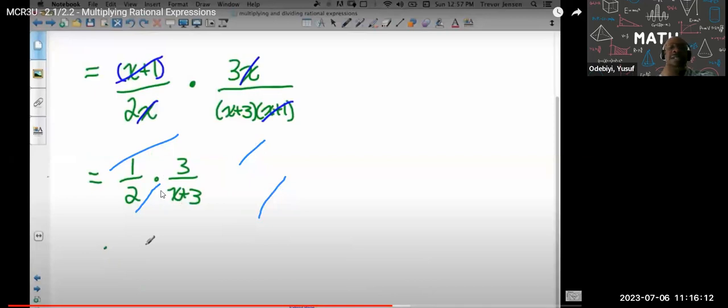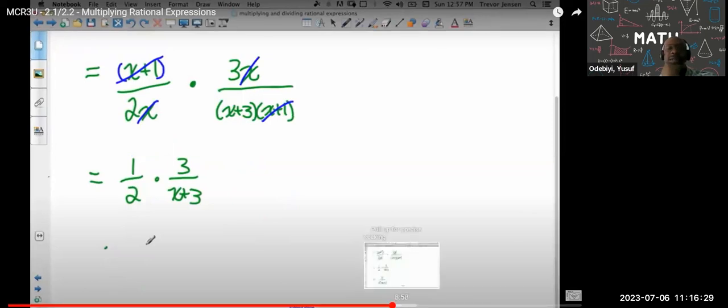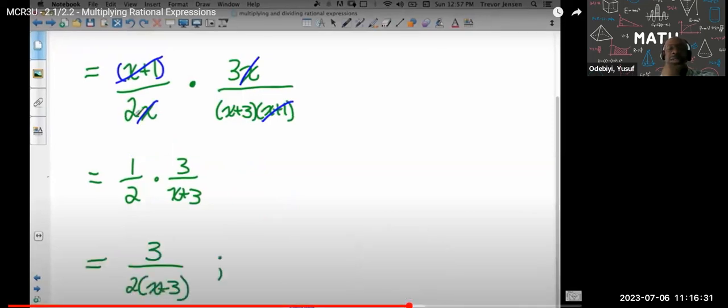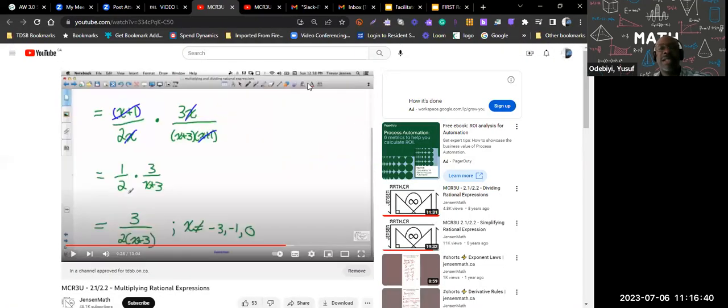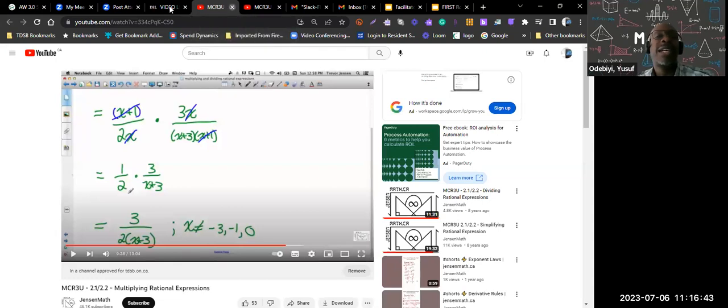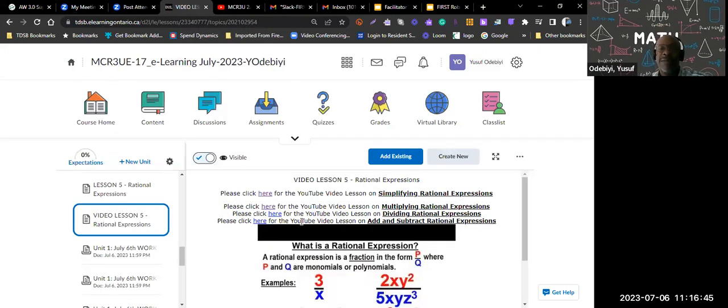That's all that is left. And my restrictions are going to be x cannot equal 0, cannot equal -3, and cannot equal -1. Okay, so fast forward a little bit, it's just going to be 3 over 2, and those are the restrictions. There you go. Okay, so I think you get the idea with this one. I'm just going to change this one and go to the next video, which is dividing.